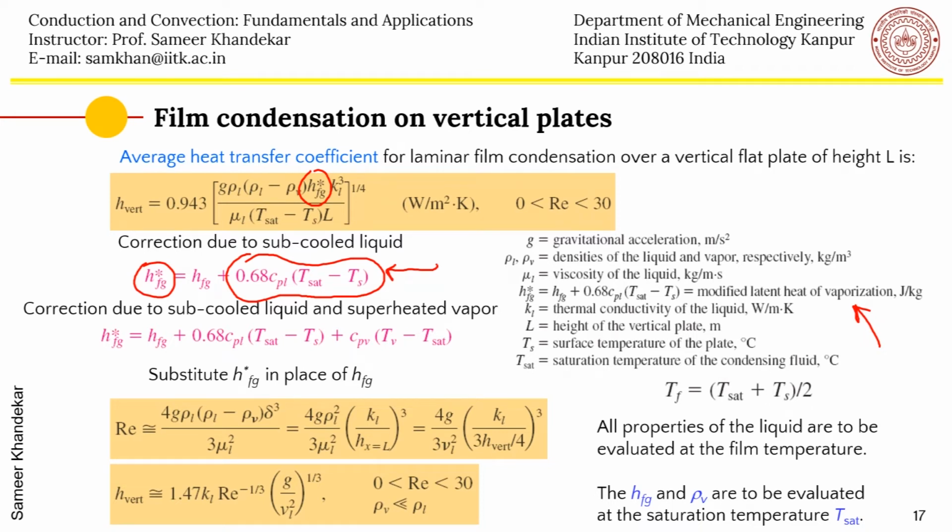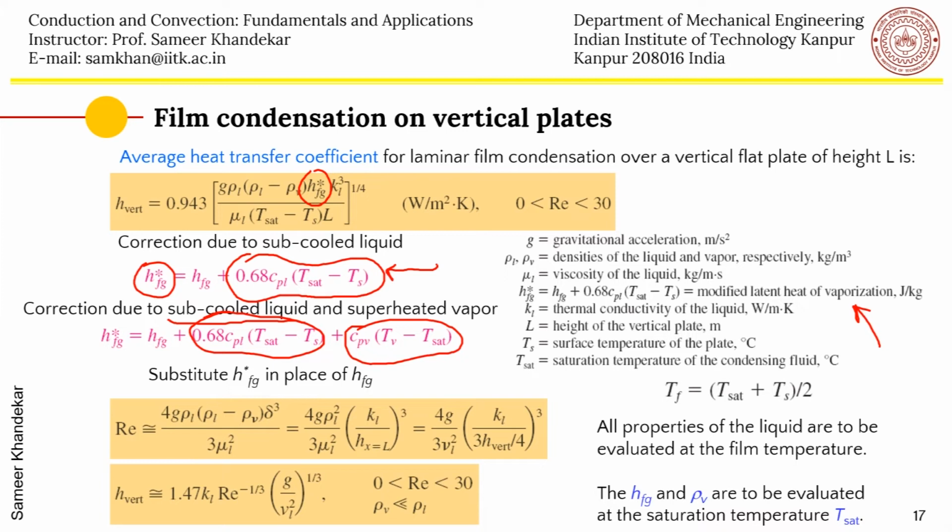One has to add that also to the hfg, because the total heat is not only latent heat but now some sensible portion also. Therefore the liquid subcooling part and the vapor subcooling part both have to be added, so that the hfg star definition will change and you will use the corrected value of the latent heat rather than the pure latent heat. Some sensible components are also added.